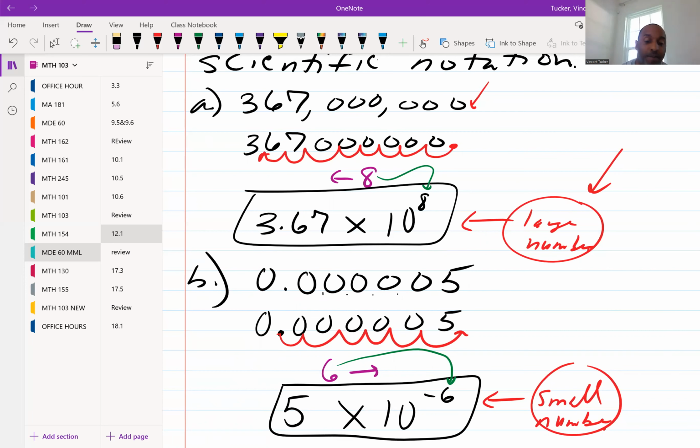Then if we multiply it back out, 5 times 10 to the negative 6, it will give you that small number again. All right, any problems?